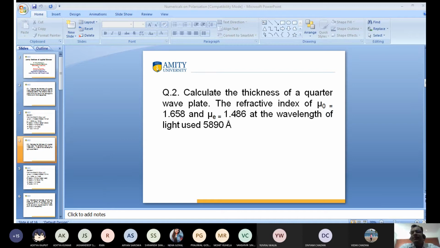Yes, sir, one second, I will solve it. Almost done. Okay, thank you. Kushal Jain? Yes, sir, same answer, 8.56 into 10 to the power minus 5.